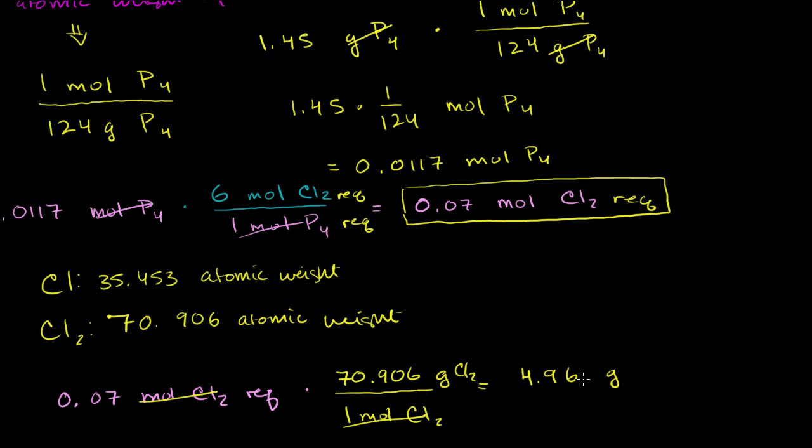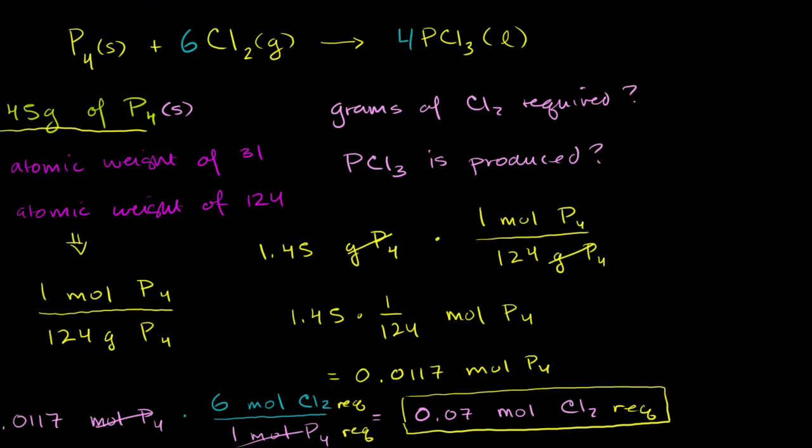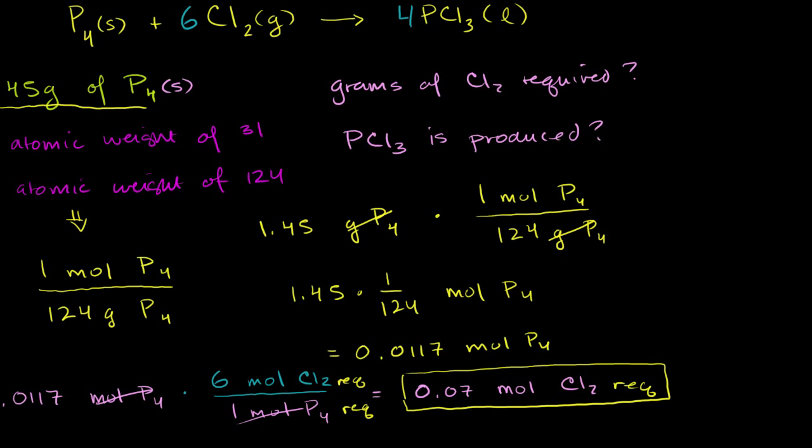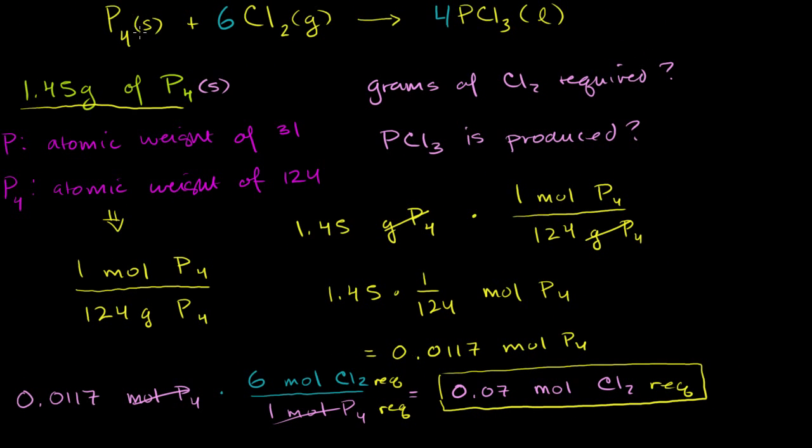I should write that there. So grams of chlorine gas are required. Even the required worked out with the dimensional analysis. And we've answered the first part of the problem. If we have 1.45 grams of phosphorus as one of the reactants, then we're going to need 4.96 grams of chlorine.